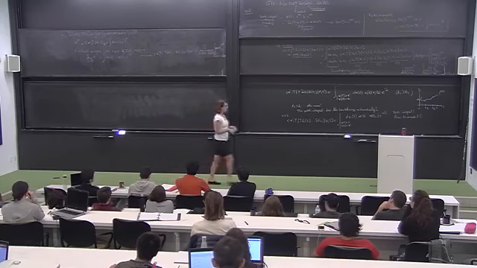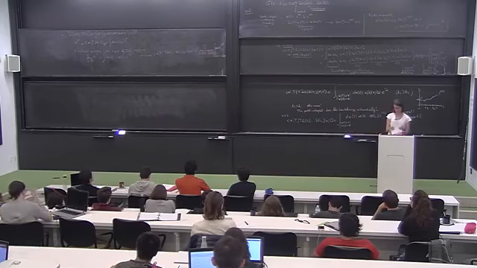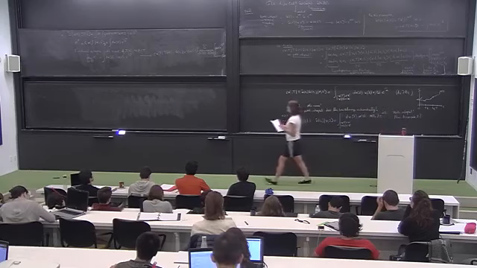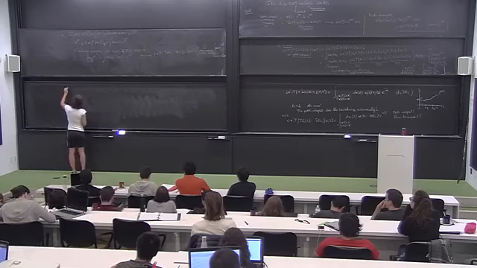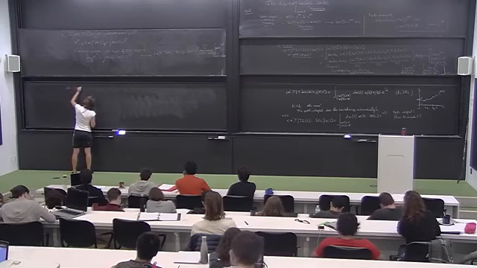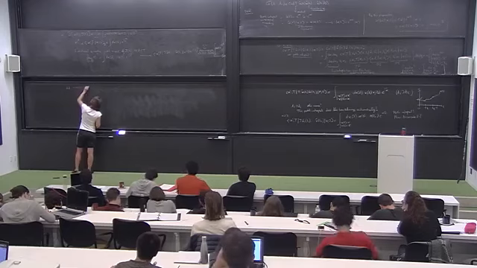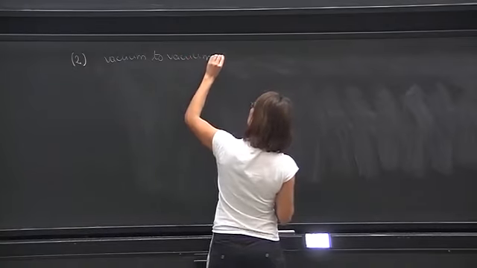And maybe we can see that by doing this small exercise. So now it's the second step. How do we get to the vacuum to vacuum matrix element?